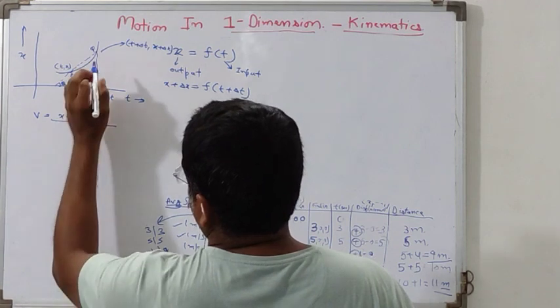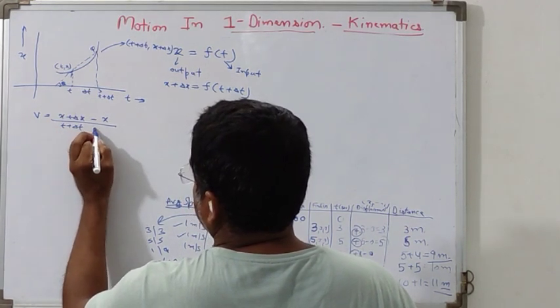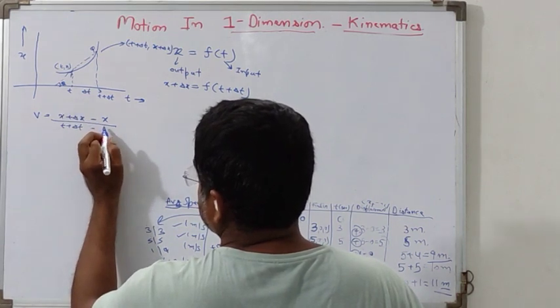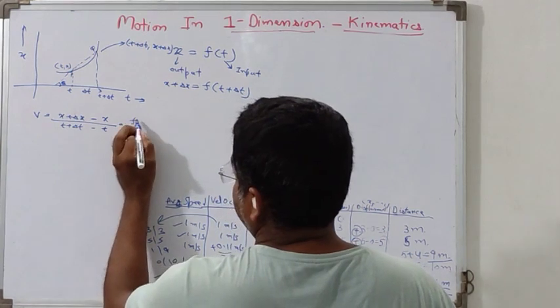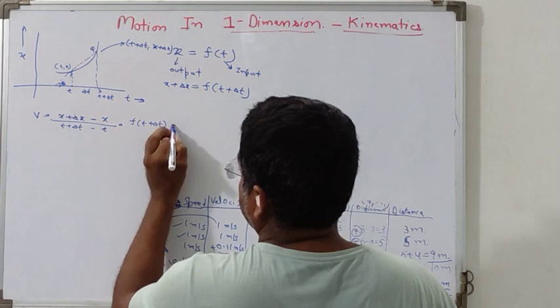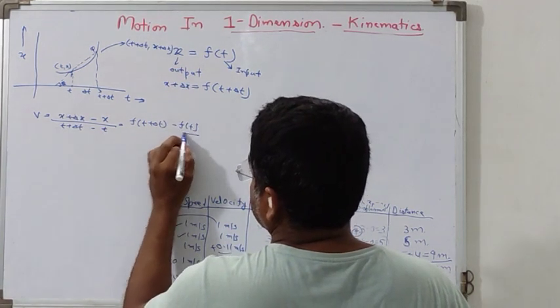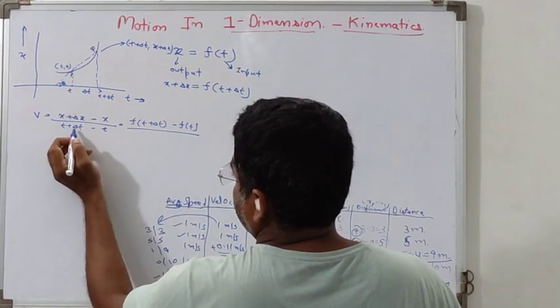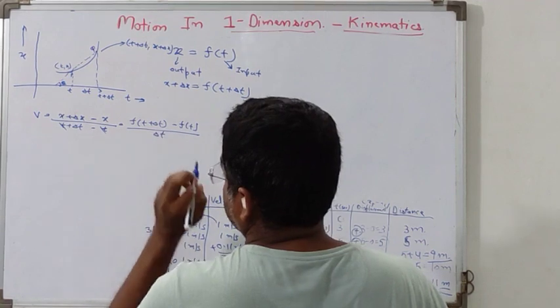The time at point Q is t plus delta t, and the time at P, that is the initial time, is t. We can also write this as f(t plus delta t) minus f(t), all over delta t. This is according to our function. Upon this, t will cancel out, and this will be delta t.